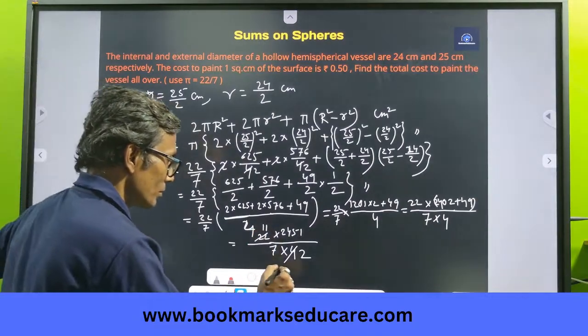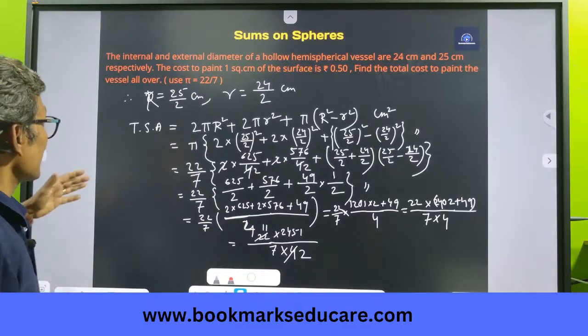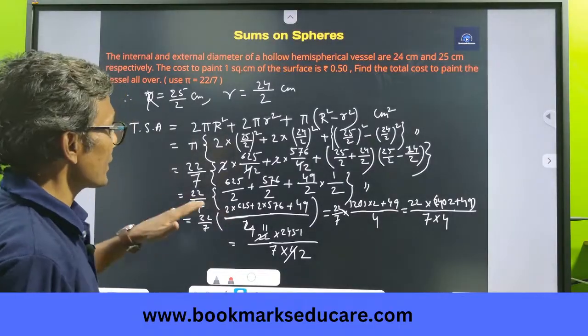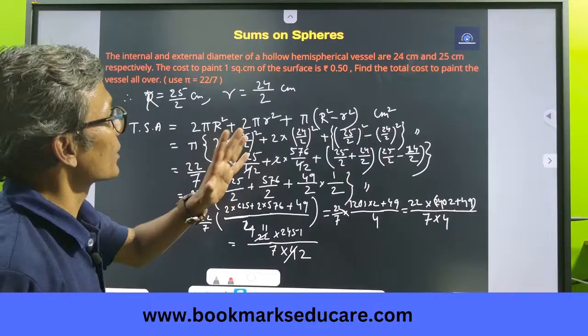Now this is the total surface area of the hollow hemispherical vessel.